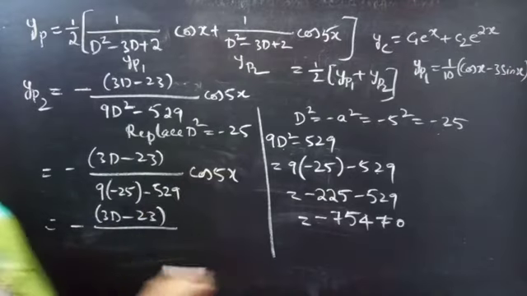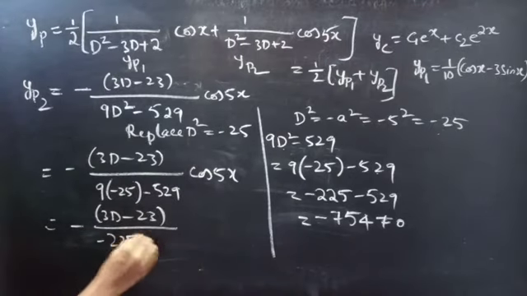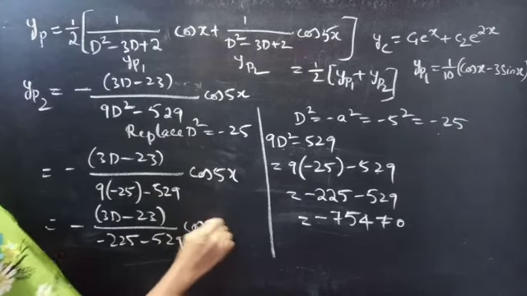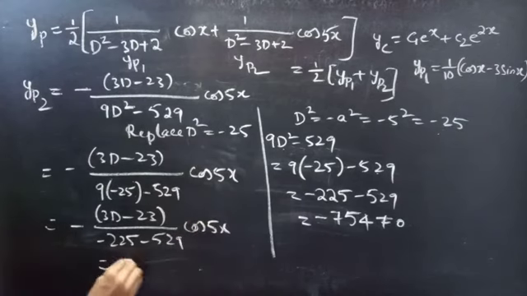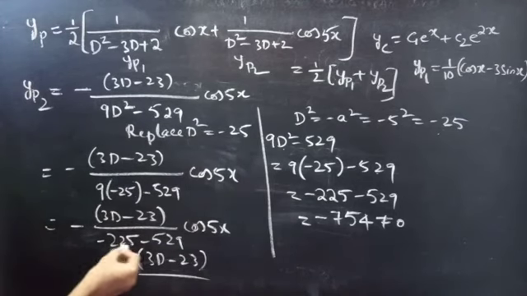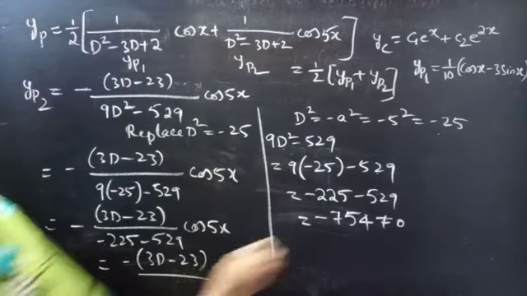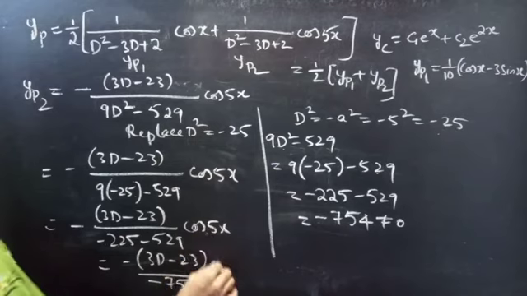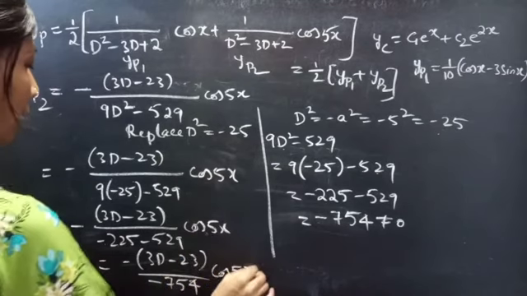Just write these steps. Minus 225 minus 529 into cos 5x, which is equal to minus 3D minus 23 by minus 225 minus 529, which is minus 754, into cos 5x.